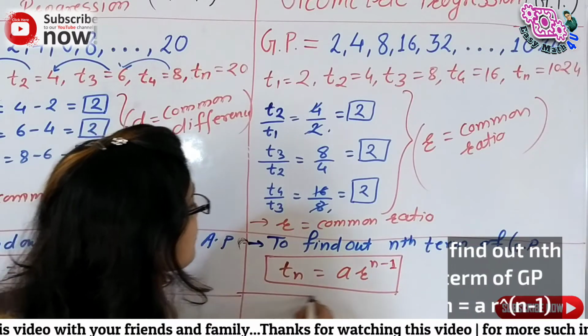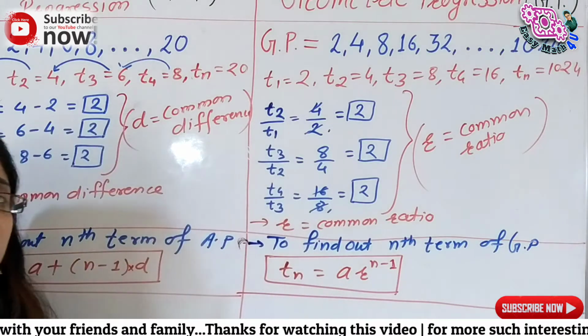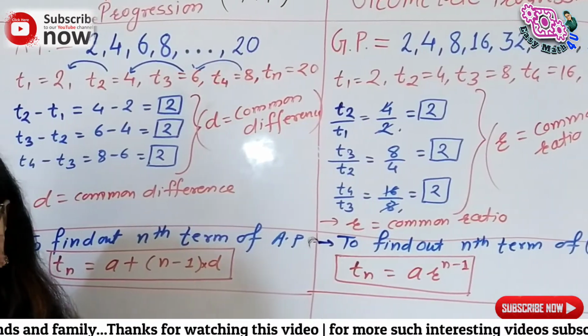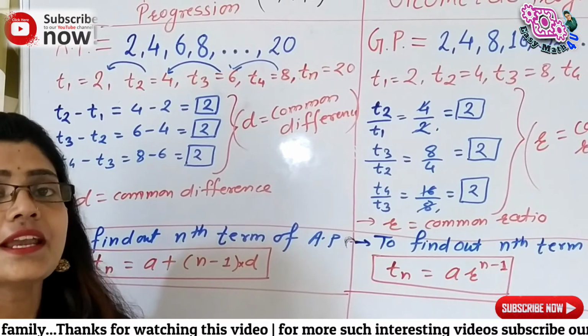This is the formula. What is A? A is your first term, r is your common ratio and n is the number of terms in that GP.